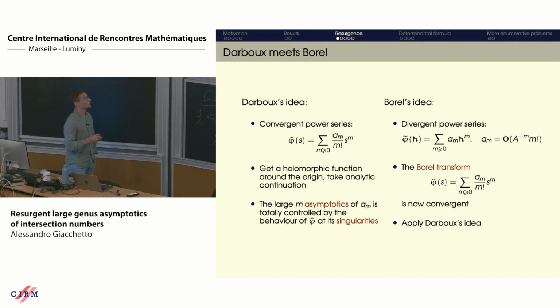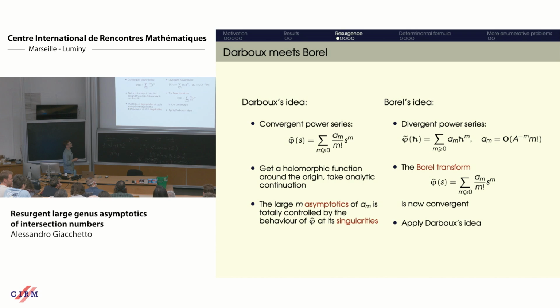So the idea of Borel goes like this. Imagine now you start with a divergent series, where the coefficients a_m grow like m factorial. If you have a behavior like this, you will get a divergent series. And the idea of Borel is to take this divergent series and force it to be convergent.